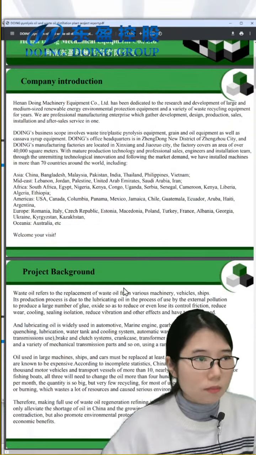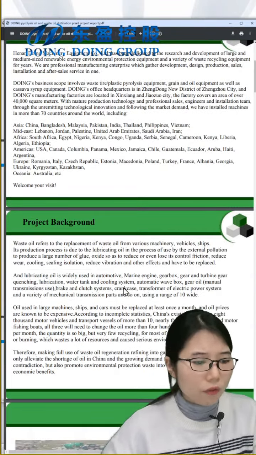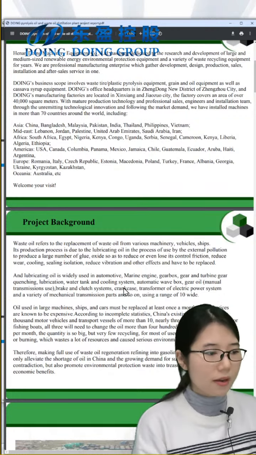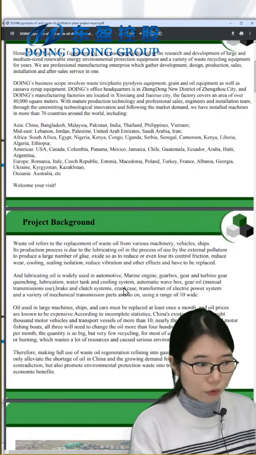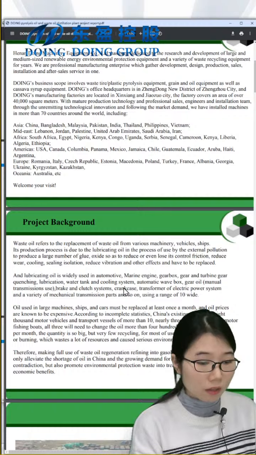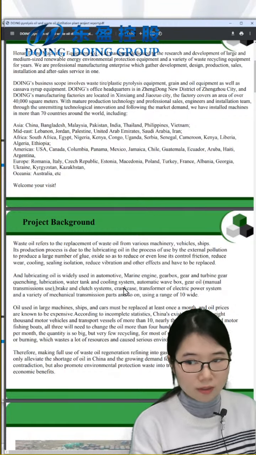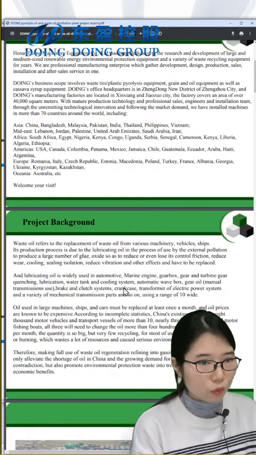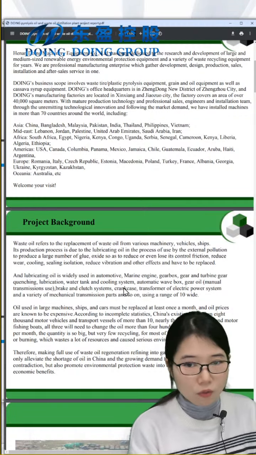Maybe some customers ask, if I process tires and plastic to get fuel oil, but in my country most people use diesel, so there's no market for heating fuel or pyrolysis oil. Don't worry about that.